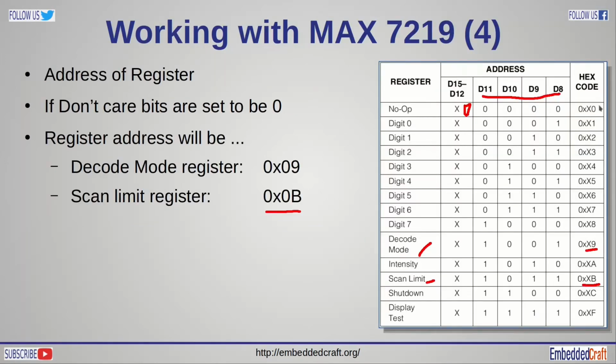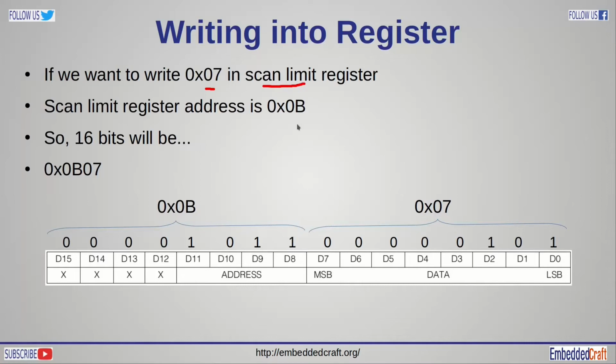First step is to find out the address of the scan limit register. As per this table, you can see the address of the scan limit register is B. In that case the 16 bits which we need to send are 0B, 07. 0x0B is the address of the register, and 0x07 is the value which will be written in the scan limit register.